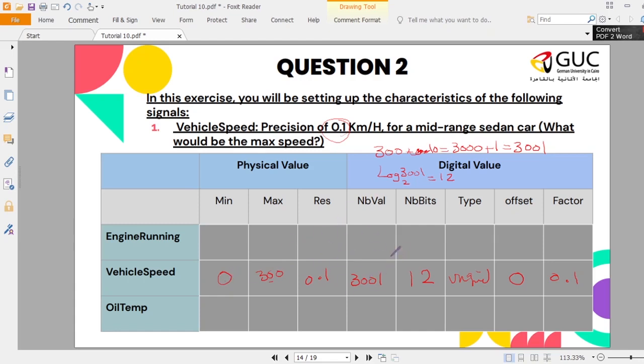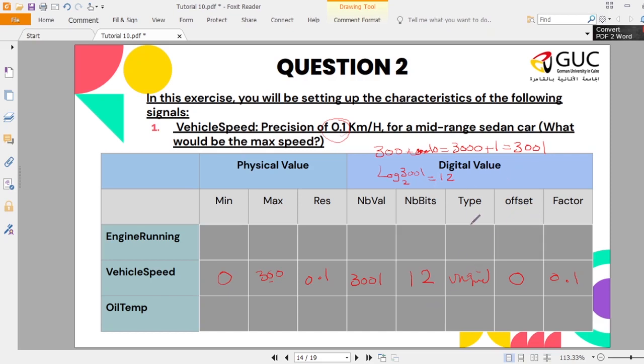So we have 3,001 total values, and then we use log base 2 of 3,001 to get the number of bits. Sometimes it's not a whole number, so we go to ceiling, not flooring, because it's okay to have more bits, not in all cases, but it's better to have more bits than fewer bits than actually needed, so the signal would be read or presented fully.